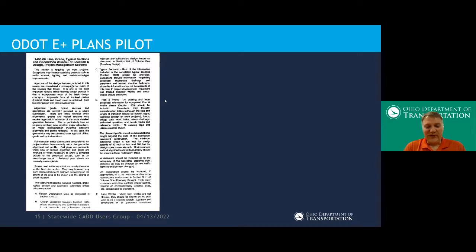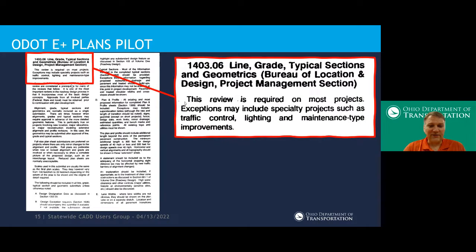When that idea started being talked about, I thought, boy, we used to really do that. If you go back to the 90s in the L&D, this is from I think the May of '93 volume, we had a line grade and typical submittal, and this was required on most projects that had any sort of alignment change, whether horizontal or vertical.